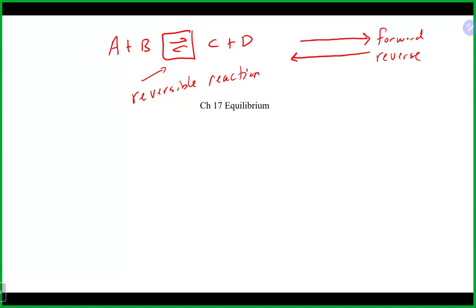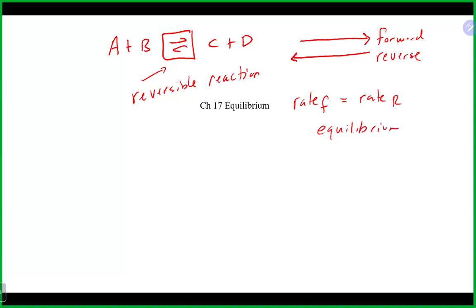What it is actually referring to is that the rate of the forward direction and the rate of the reverse direction will equal each other. So at some point, as our reactants are going to the products and the products decide to go backwards, back to the reactants, the rate at which the forward direction is going will equal the rate of the reverse direction. And that is what equilibrium means.